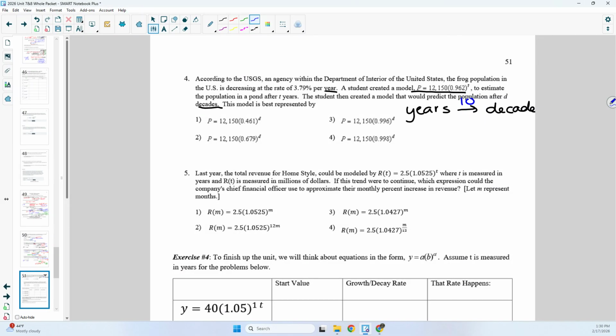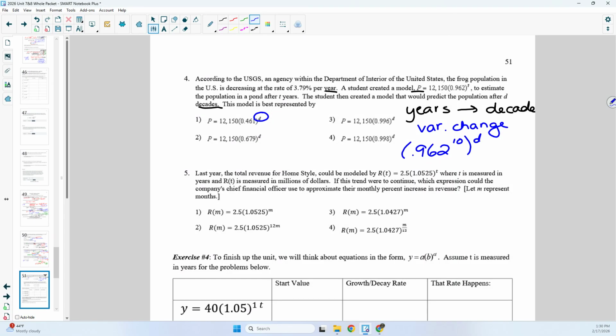So we do notice for the first time, we started out with a T, and now we're using a D, which means there is a variable change. So the variable change kind of took care of that balancing number. Okay, so we just changed to a new time period, so I don't need to use a 1/10, because I do actually want to know what's happening each decade for the D. So when I do this, I get my 0.962 to the 10th.